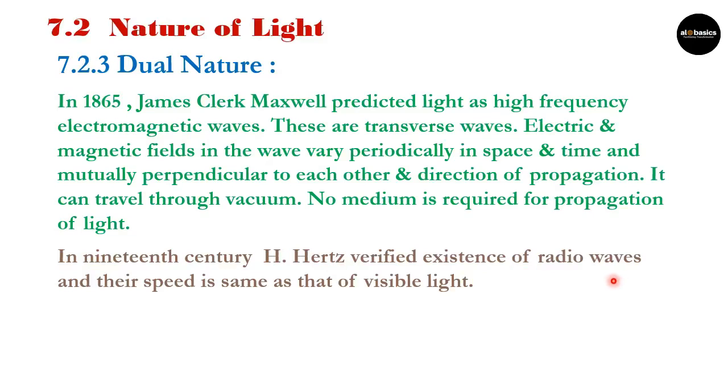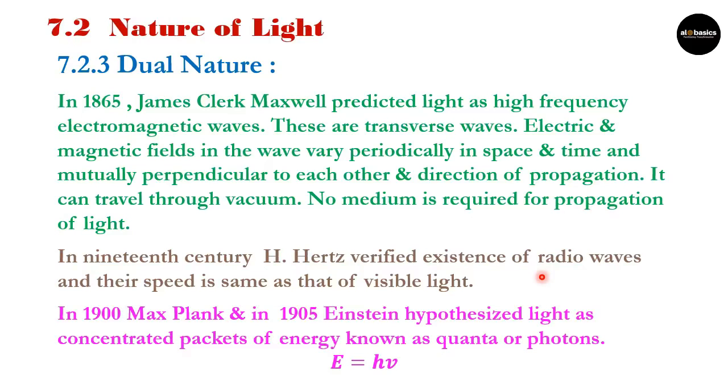And he stated that the speed of radio waves is the same as that of visible light. Now what are radio waves? Radio waves are nothing but electromagnetic waves. So there was support for Maxwell's consideration that light can be transverse waves.